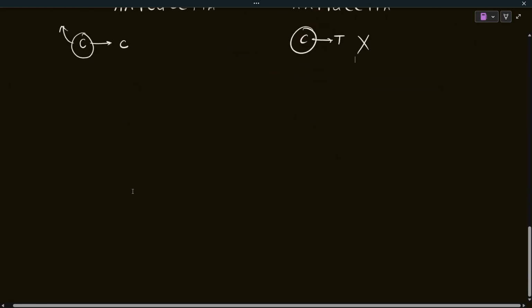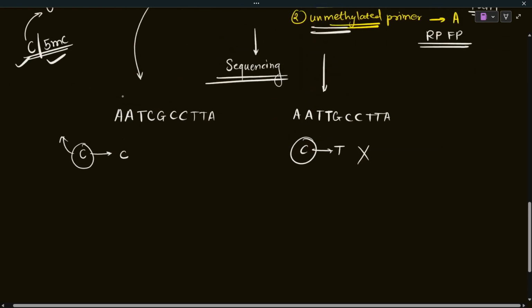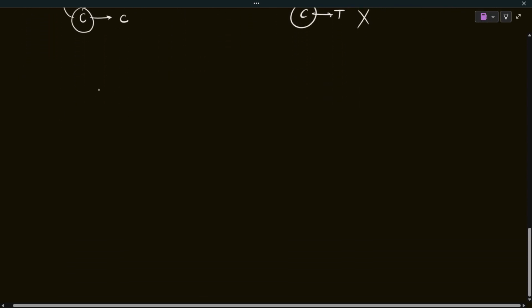Now let me explain it again. See, the cytosine gets converted into uracil due to bisulfite sequencing, while 5-methyl cytosine remains as 5-methyl cytosine. Okay, so now we do sequencing.